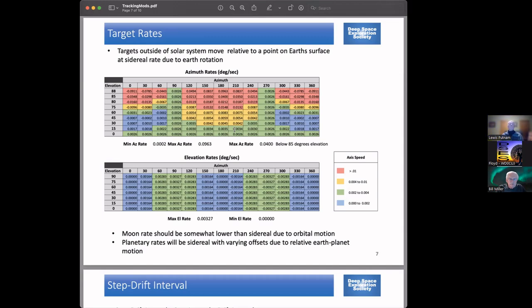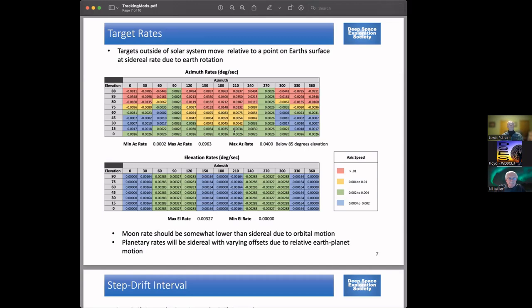So what that really means is its elevation rates will be slightly below the sidereal rates for any given position. One of the things, I think the highest the moon can get here is around 80 degrees. So around 180 azimuth the rates can get fairly high for when you're tracking the moon.